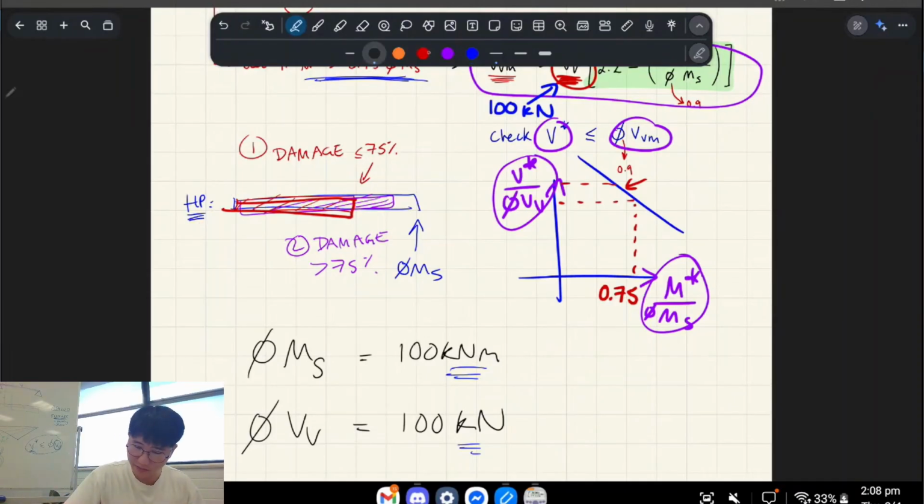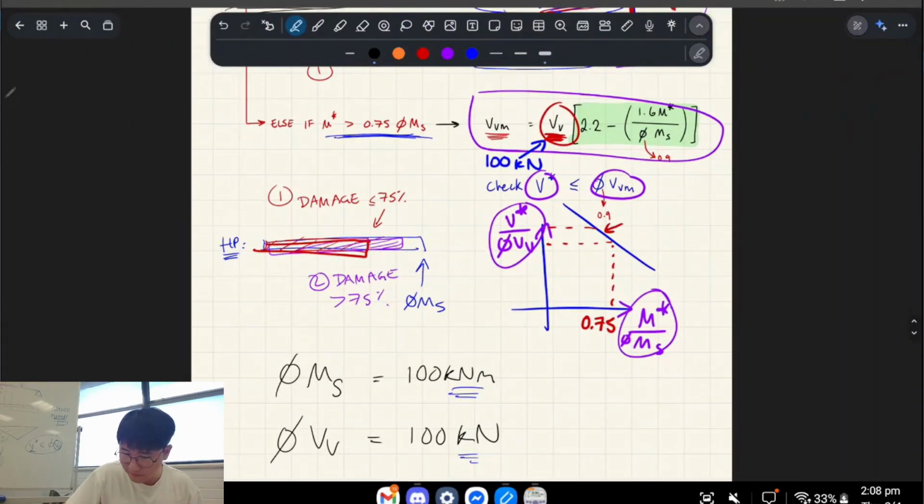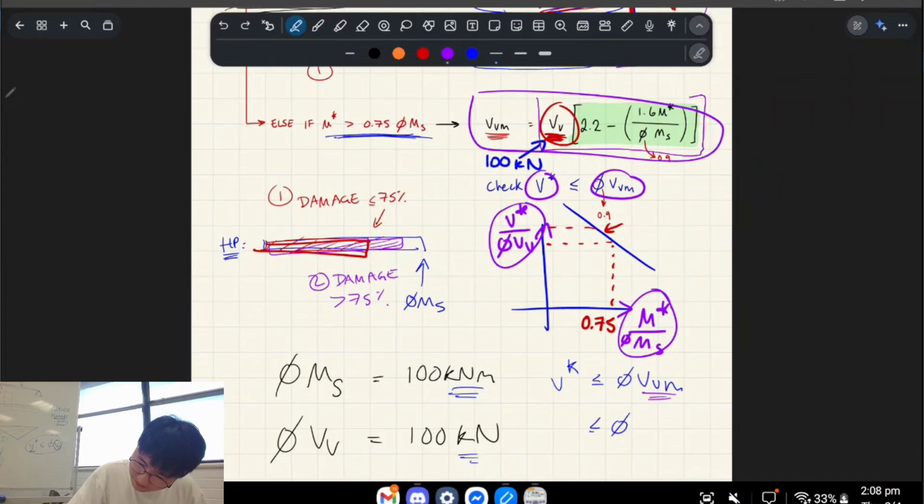But in terms of how to actually graph this line, I'll tell you what you have to do. I'm not going to be able to do it on the fly, but you go V star is less than 5VVM, and then you basically replace this with this whole thing. Sorry, with this whole thing.